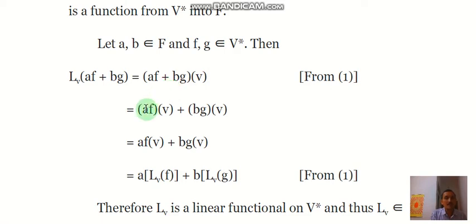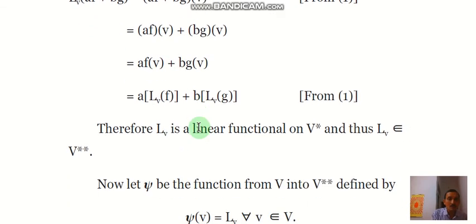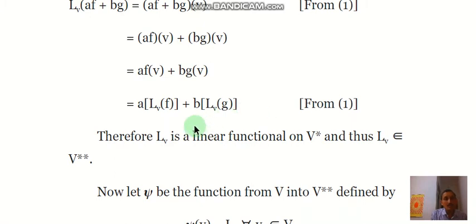So this we can write as af(v) plus bg(v), and now applying the definition of L_v, from equation 1 we can write this as aL_v(f) plus bL_v(g). So in this way we have seen that L_v is a linear functional on V*, and therefore L_v belongs to V**.